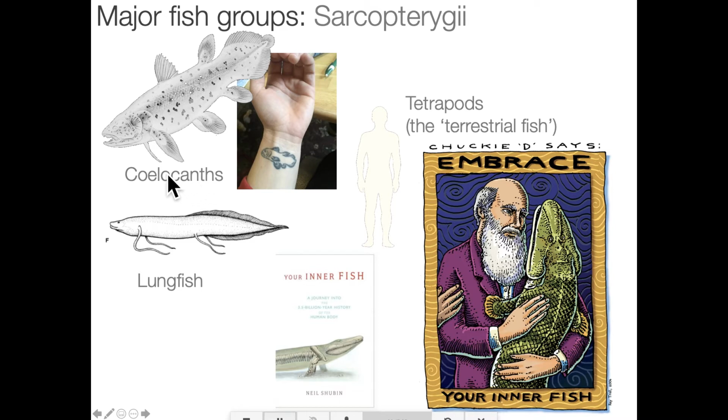These are coelacanths, that's how you pronounce that word, or lungfish. They're lobe-finned because they have this fatty lobe protruding out of their bodies before the fin actually starts. Or in the case of the lungfish, it's just this fatty tendril that comes off their body.